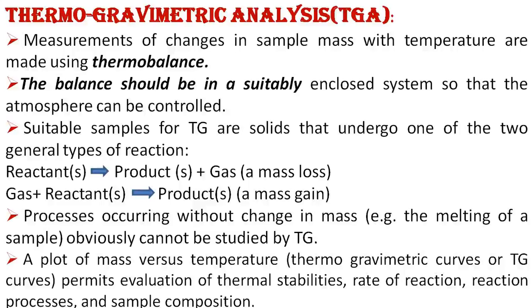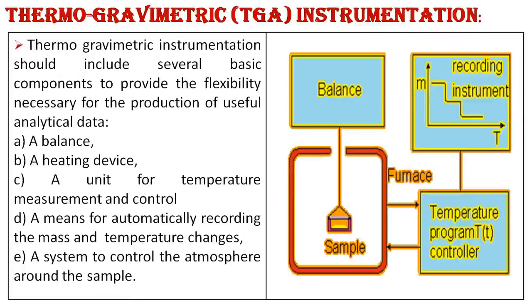A plot of mass versus temperature, thermogravimetric curves or TG curves, permits evaluation of thermal stability, rate of reaction, reaction process and sample composition. Next one is the block diagram of TGA thermogravimetric instrumentation. So we have the balance, furnace, temperature program controller and recorder. A thermogravimetric instrument should include several basic components to provide the flexibility necessary for the production of useful analytical data.